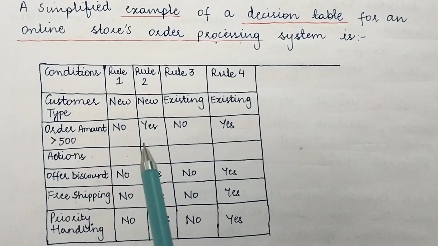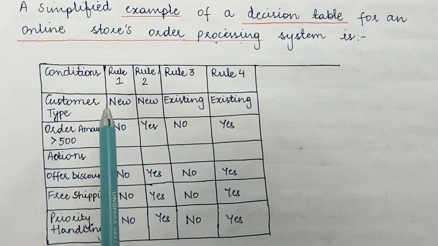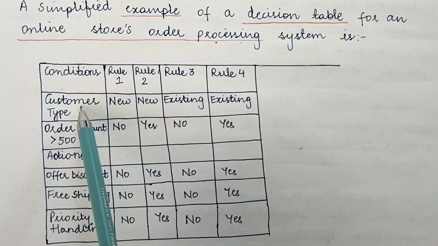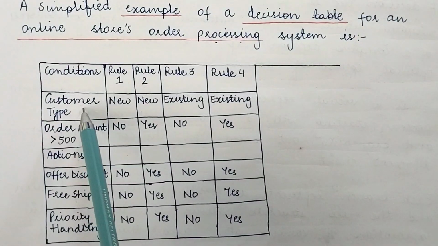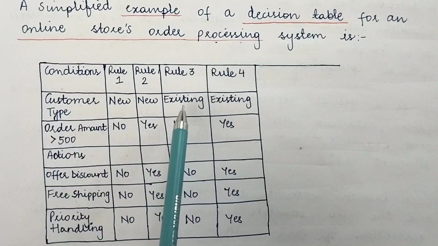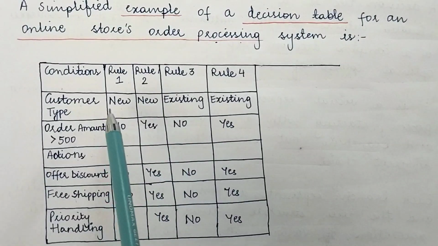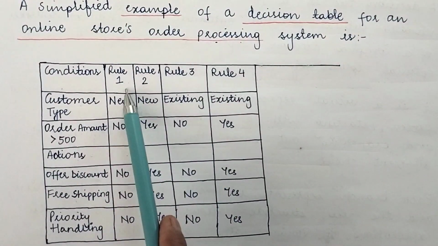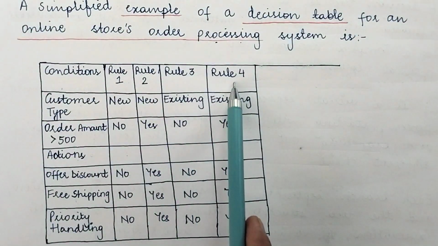So the condition says that as per the conditions, what is the customer type? We have to check. So the condition says what is the customer type, whether it is a new customer or an existing customer, right? And then there are four different rules: Rule 1, Rule 2, Rule 3, and Rule 4.